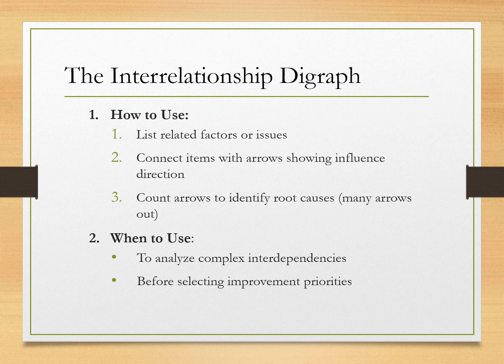You might discover that staff burnout leads to communication problems, which leads to medication errors, which leads to patient dissatisfaction. If you only address the communication problem without fixing the burnout, you are not really solving the underlying issues. And the interrelationship diagram makes these connections visible.